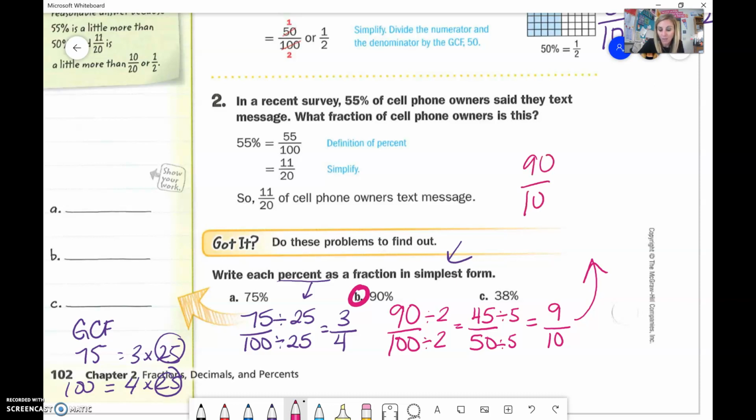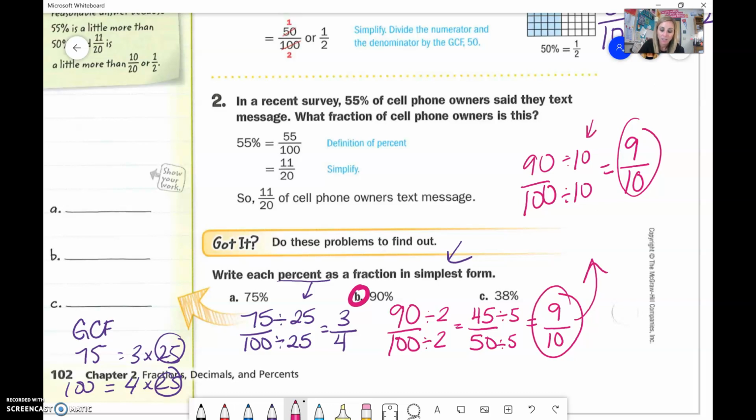90 over 100 because it's 90%. Watch what I do. I know that the greatest common factor of 90 and 100 is 10. So I'm going to divide each of those by 10. So 90 divided by 10 is 9, and 100 divided by 10 is 10. I still got the same answer.